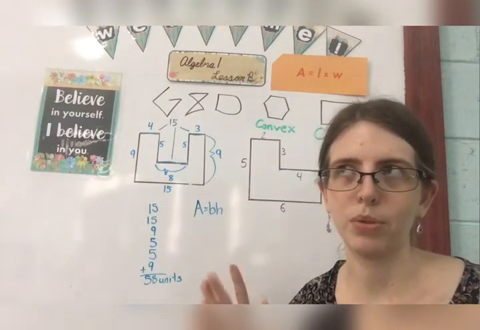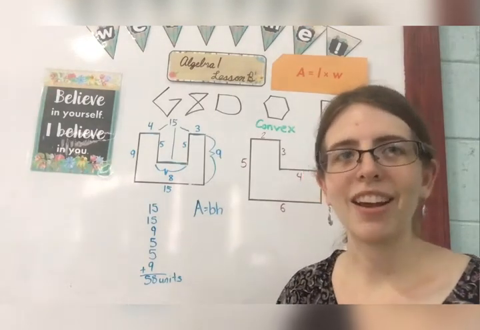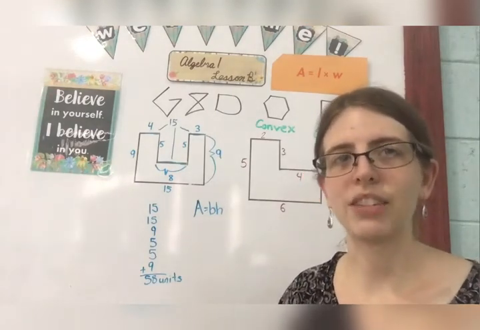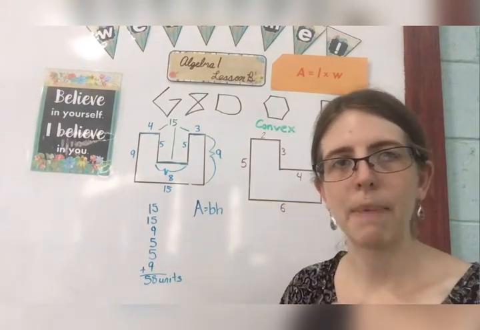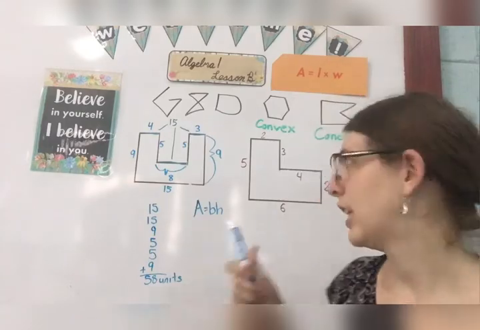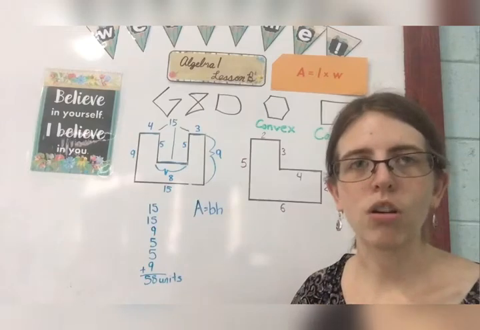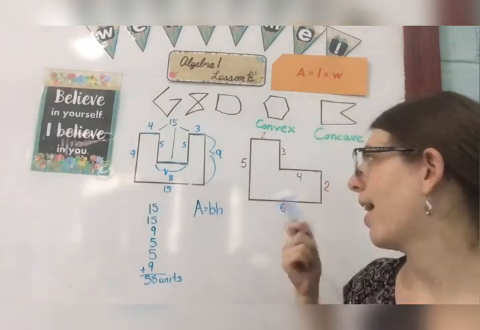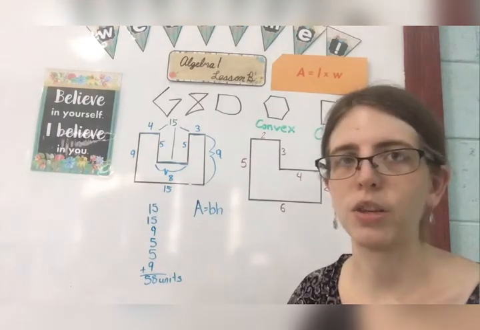But not trapezoids. Let me try that again. The area equals base times height is for parallelograms, when you have the 2 parallel sides. So I have to divide this into parallelograms, into squares and rectangles, in order to actually use my formula, A equals base times height, or A equals length times width, whatever you would like to use.